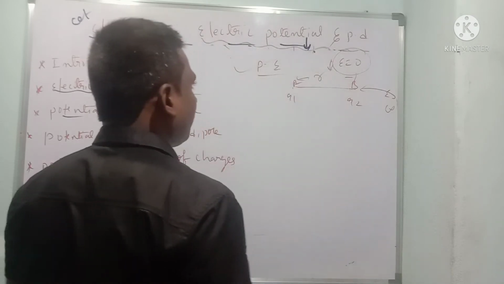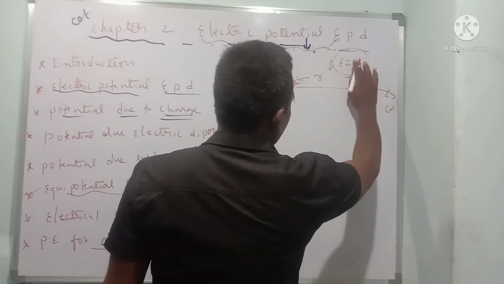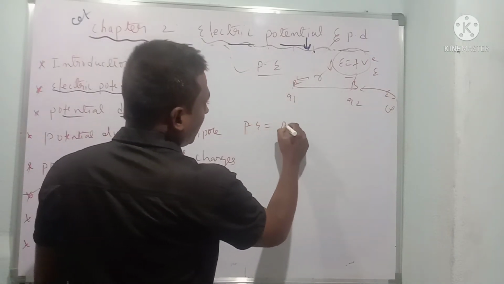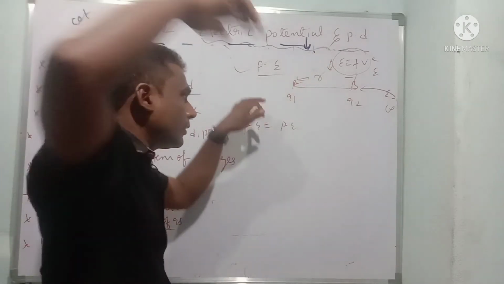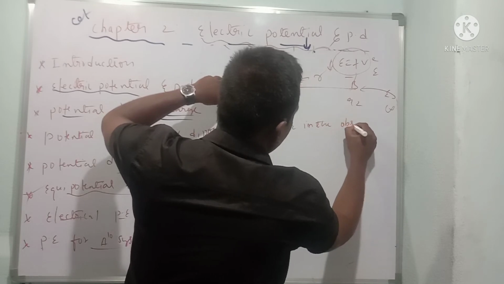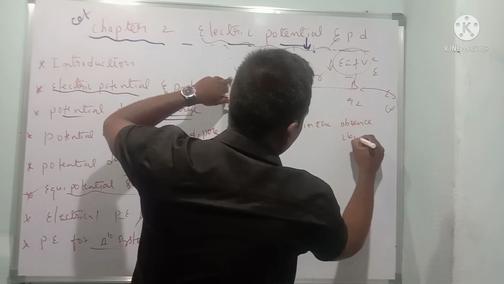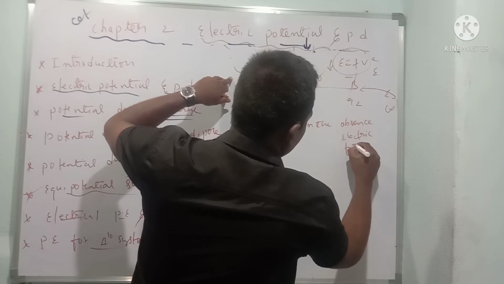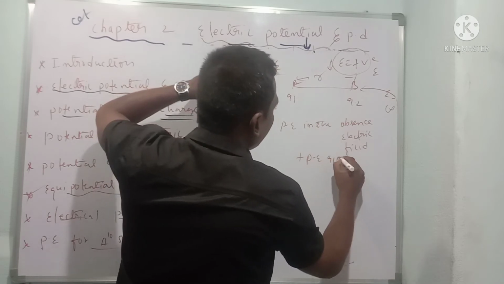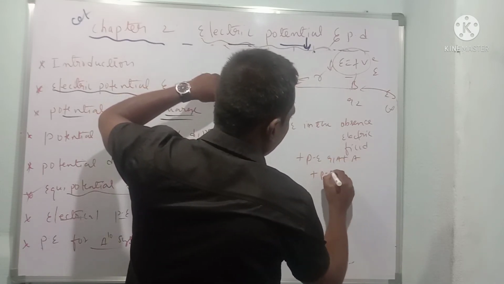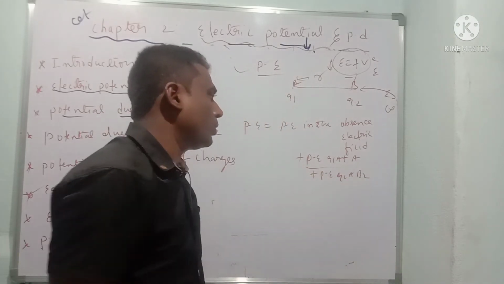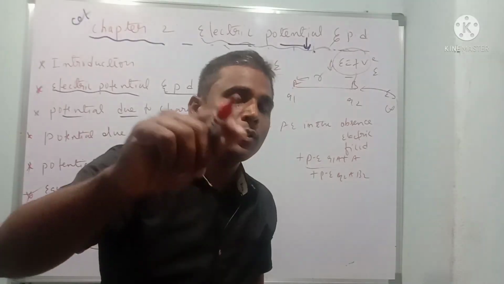In the presence of electric field, the potential energy is nothing but the potential energy of the two charges in the absence of electric field, plus the potential energy at point A, that is Q1 at A, and the potential energy of Q2 at B. We know that potential energy at Q is nothing but the product of charge into potential.